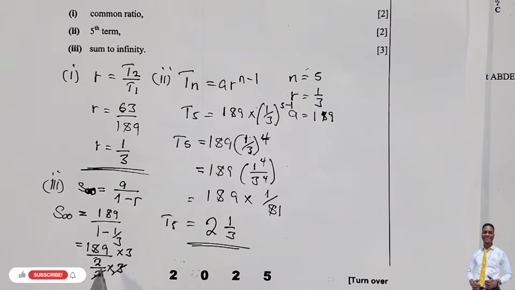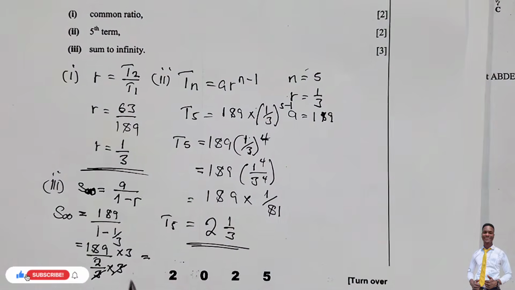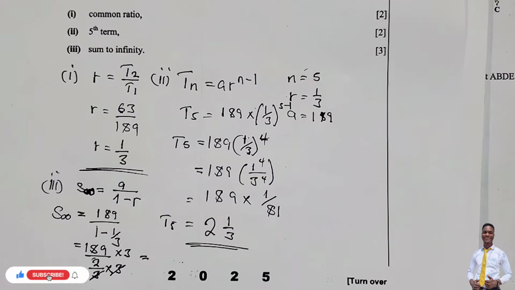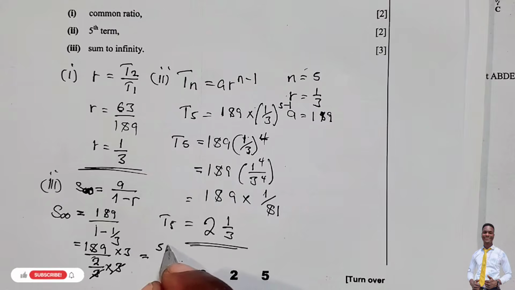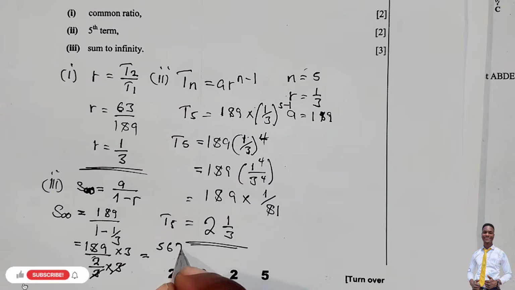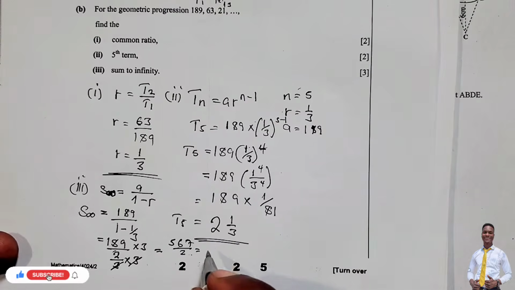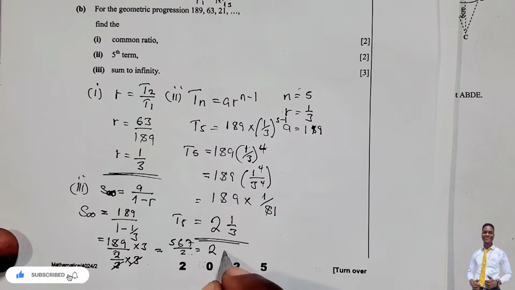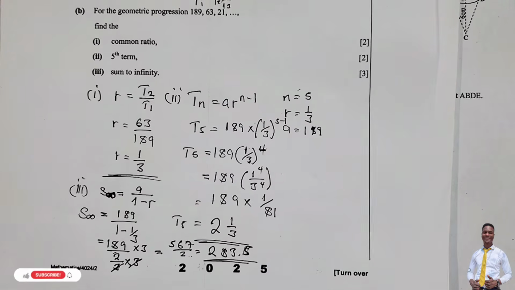So we are having 189 multiplied by 3 over 2. As simple as that. So 189 multiplied by 3 is 567 over 2. 567 divided by 2, the answer is 283.5. This is the answer.